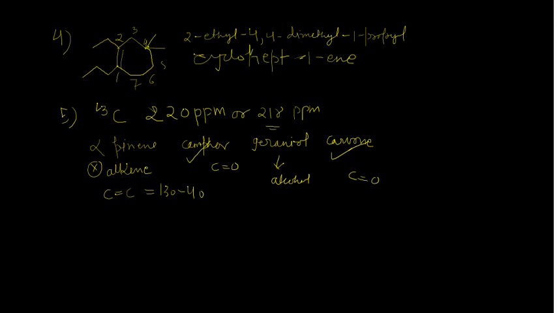Now if you properly see the structure of carvone, however, it is very difficult to learn all these structures, especially when you are not studying natural product chemistry in detail. So this is a double bond, this is a double bond here, and this is the carbonyl over there, and this is the rest of the part. I am not going to draw this part.